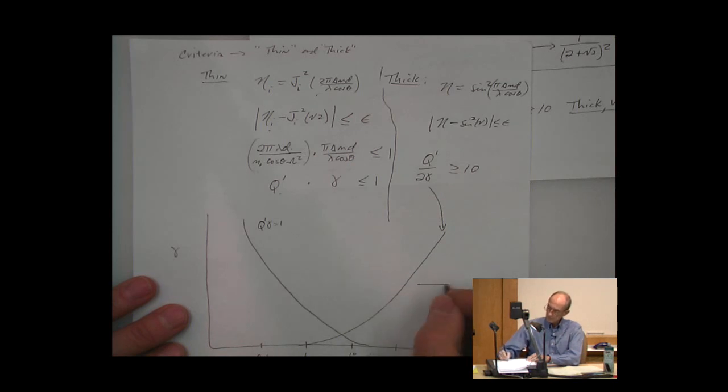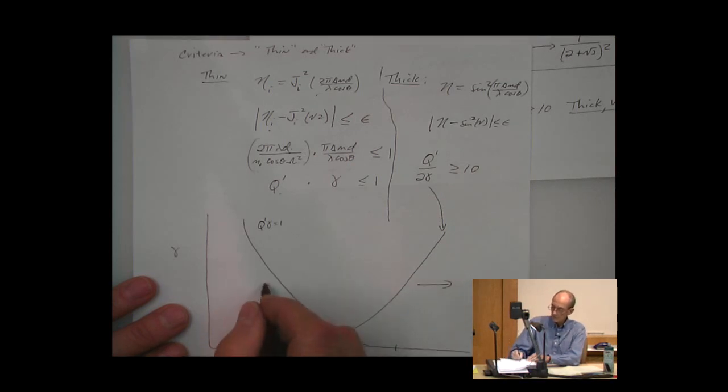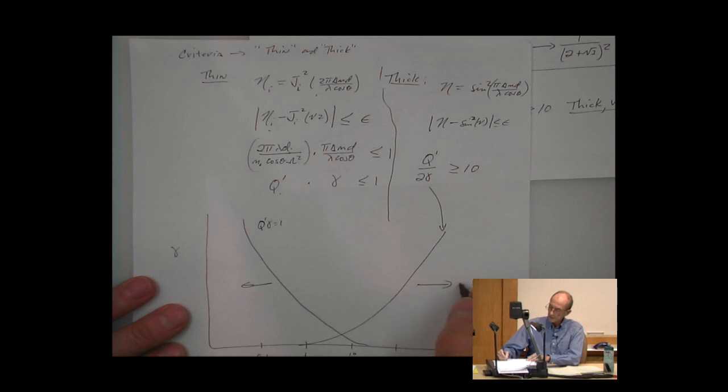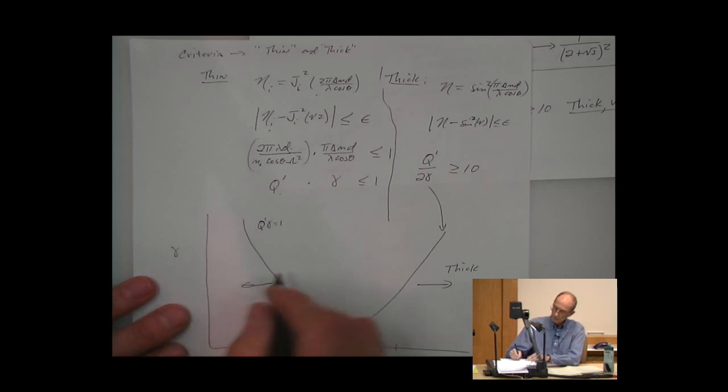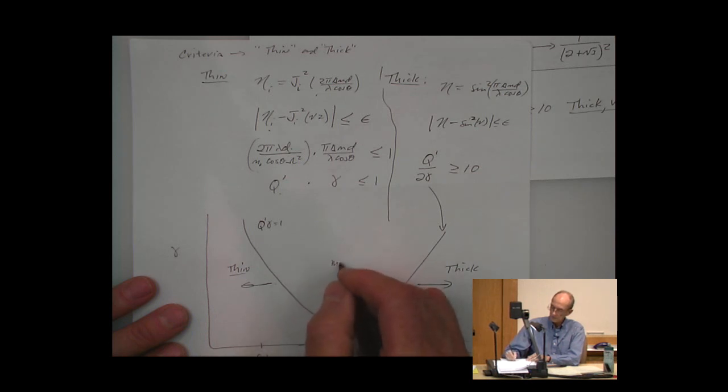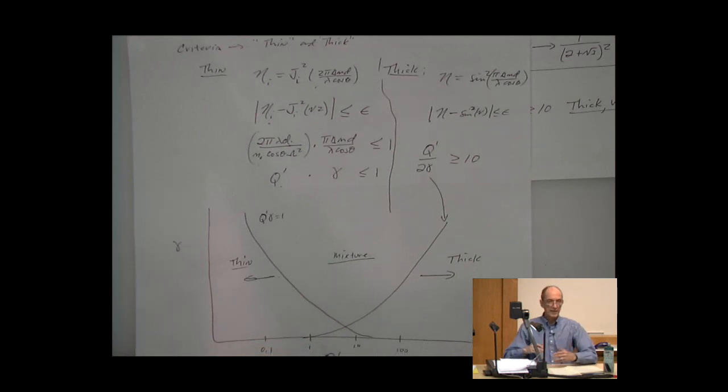So everything they found consistent was that everything out here was definitely in the thick hologram region. Everything to the left of this line was in the thin hologram region. And here it was kind of a mixture, meaning you can get multiple orders being diffracted in this intermediate region.